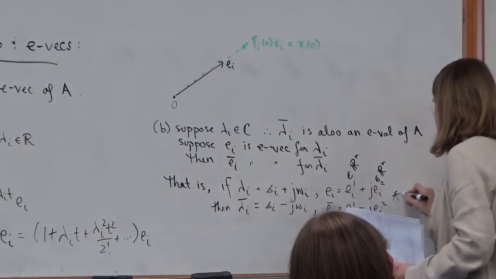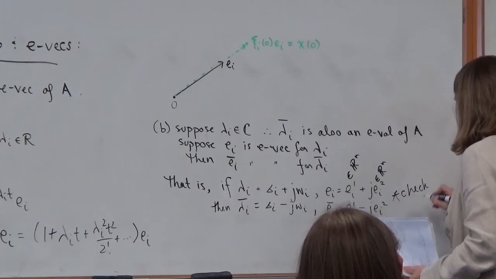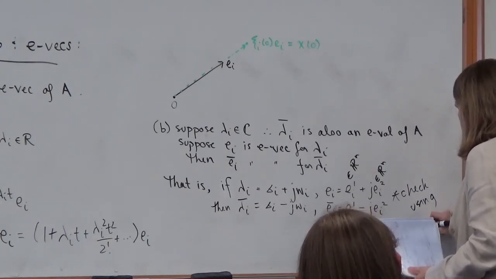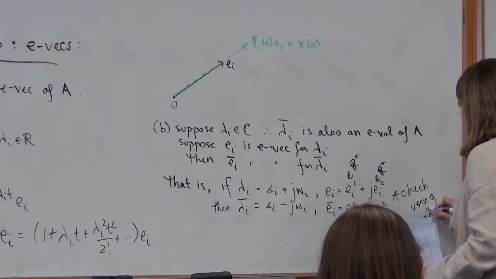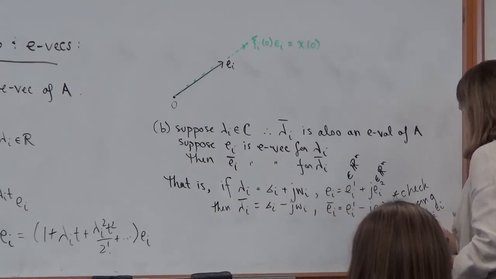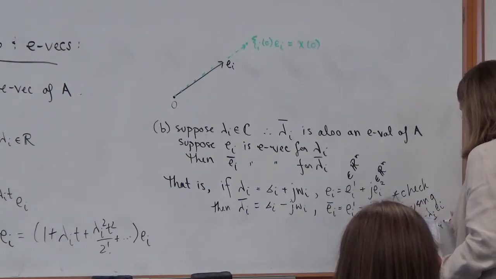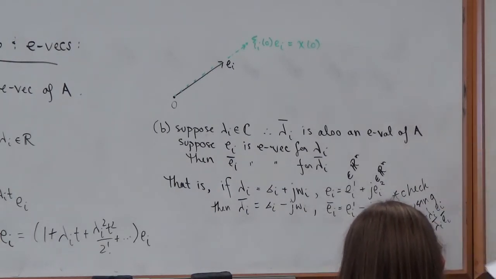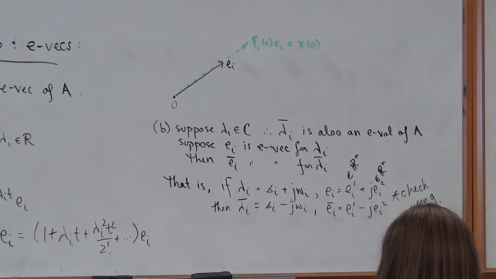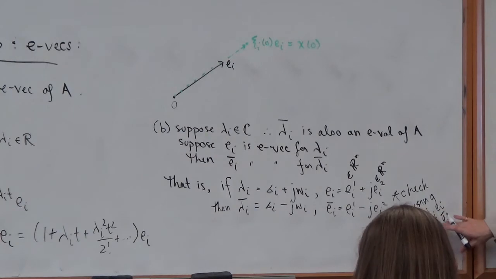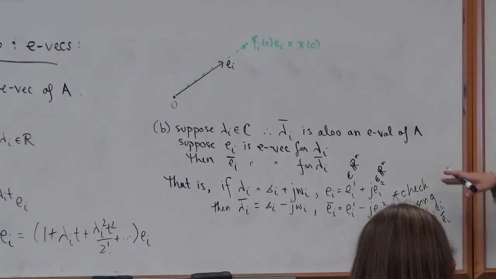So I'm just going to say check that you trust this using the definition A e_i equals lambda i e_i, and A e_i bar equals lambda i bar e_i bar. You can either show it directly knowing the properties of the complex conjugate and how that plays out with that linear equation, or you can just check it explicitly.